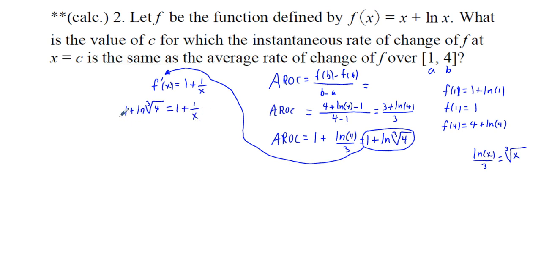And then if we subtract out 1 from both sides of the equation, 1 and 1 cancel each other. So we have the natural logarithm of the cube root of 4 is equal to 1 over x. And so essentially the reciprocal of 1 over x is x, and that's going to be equal to 1 over the natural logarithm of the cube root of 4.